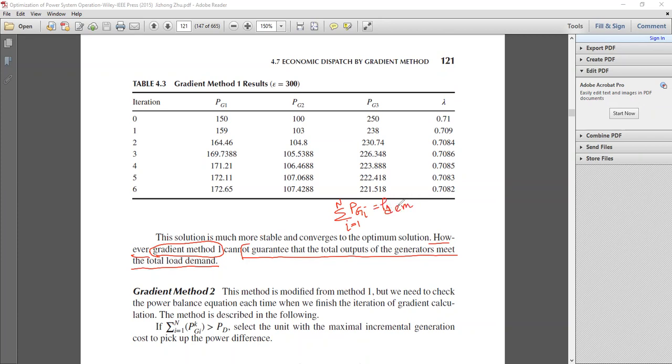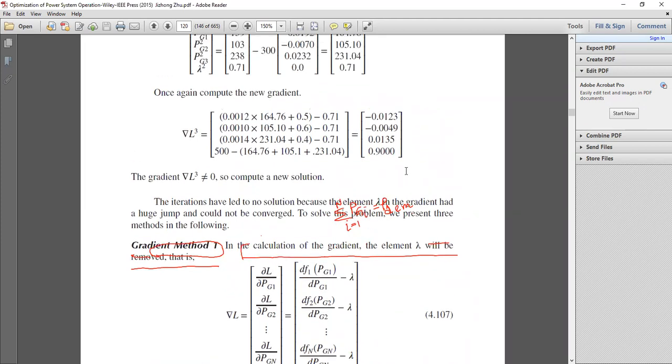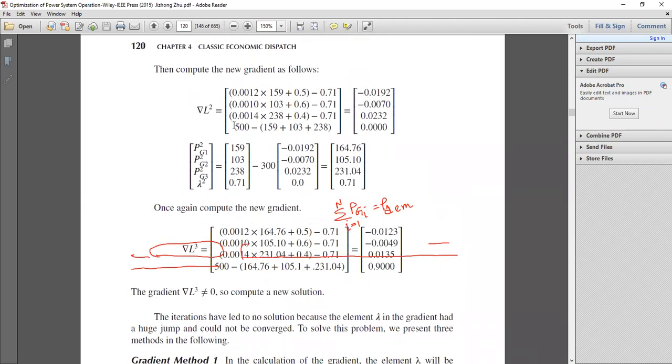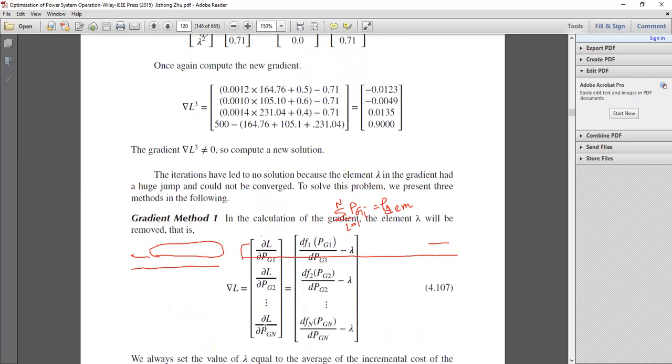In the previous case we were able to do this. How? Because that equation was actually part of your gradient. Here we were always checking whether this del L is 0 or not for convergence, right? This was p demand minus summation of pgi's, but that was the base method. In method 1, we are nowhere actually checking this condition in our solution.